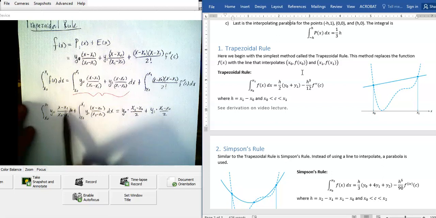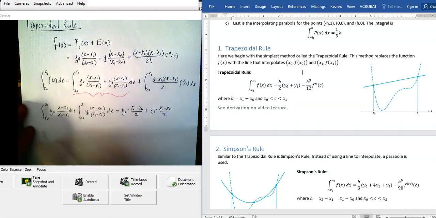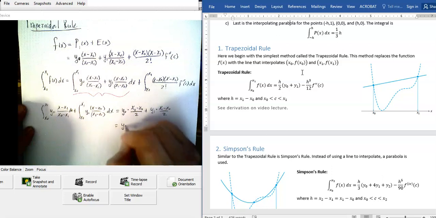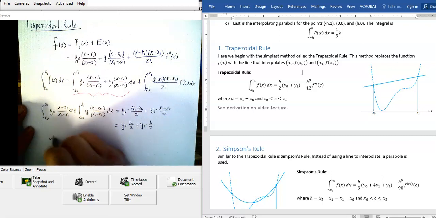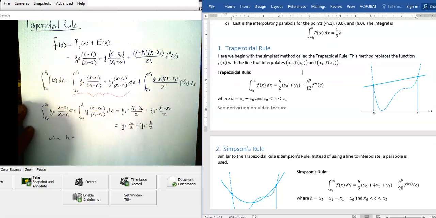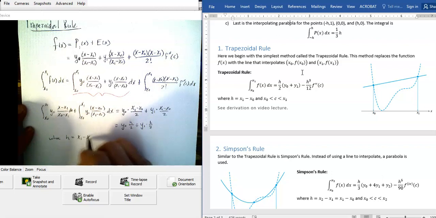This is coming from that first formula. Here we can condense that: it should be y0 times h over 2 plus y1 times h over 2, where h is equal to x1 minus x0.